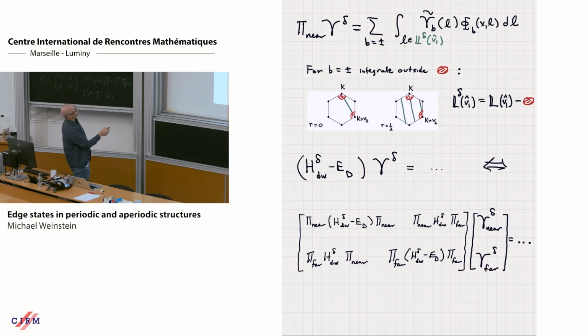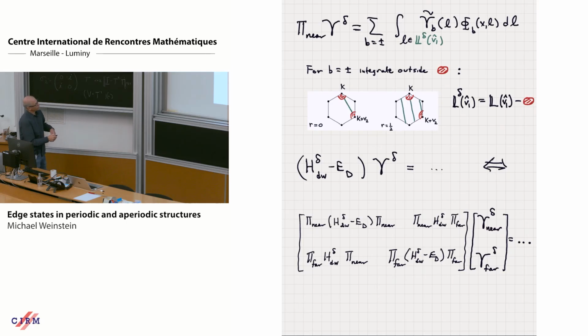Oh, excuse me, I wrote outside, I meant inside over here. So the near part consists of things in a neighborhood of, and the far part is things complementary. It's exactly the other. This should have been inside. I wrote things in reverse. Okay. So near and then far on the segments.